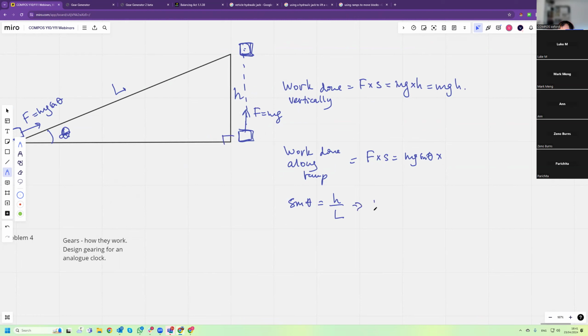And that means that L is h over sine theta.